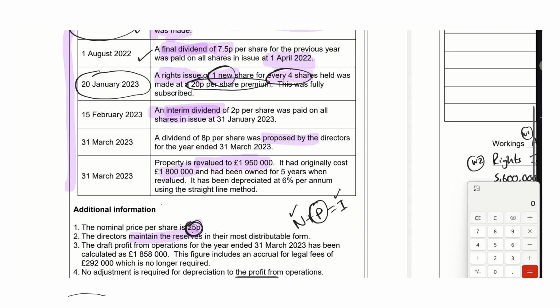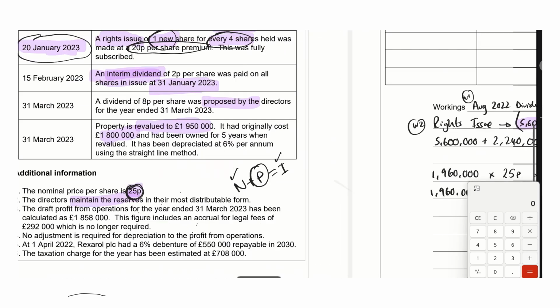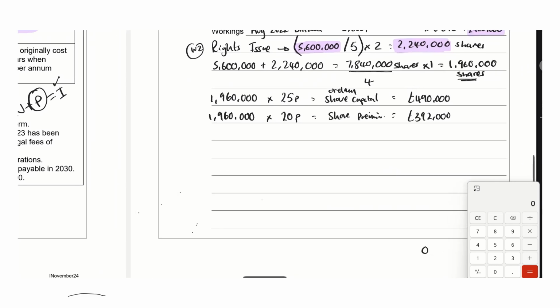Look at the dates. The dates are very important here. 31st of January 2023 is after the 20th of January when you made this rights issue. So you have to include that in terms of the quantity of shares. So you're going to give 2p for every share that was in issue at that moment in time.